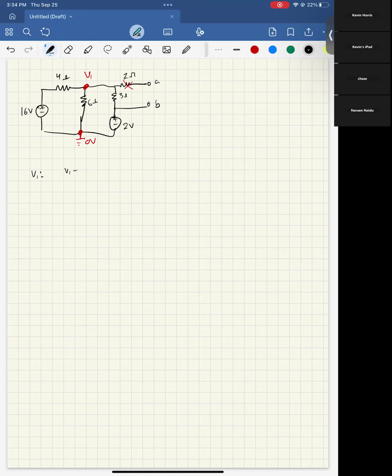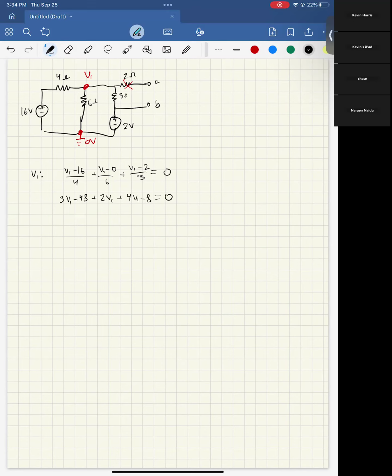So that's going to be (V1 minus 16) over 4 plus (V1 minus 0) over 6 plus (V1 minus 2) over 3 equals 0. If we multiply by 12, we'll get 3V1 minus 48 plus 2V1 plus 4V1 minus 8 equals 0.